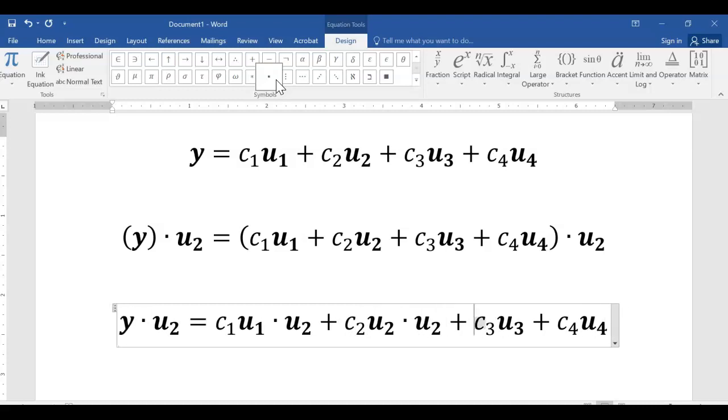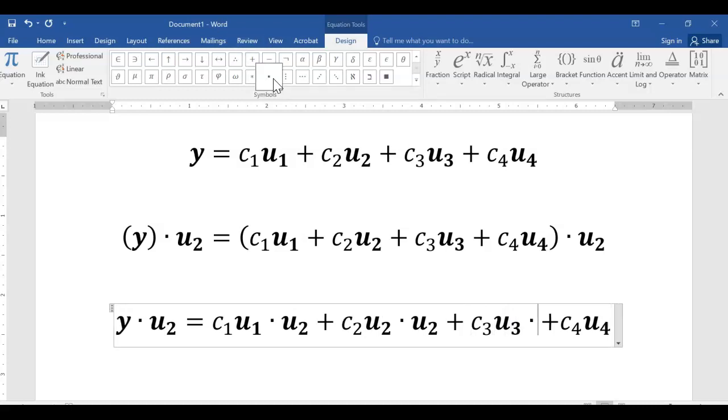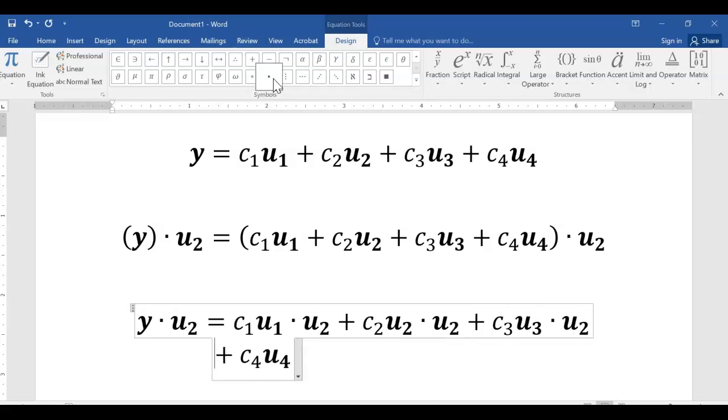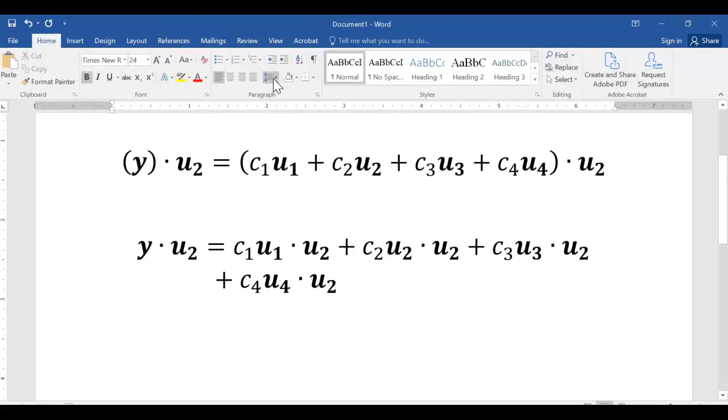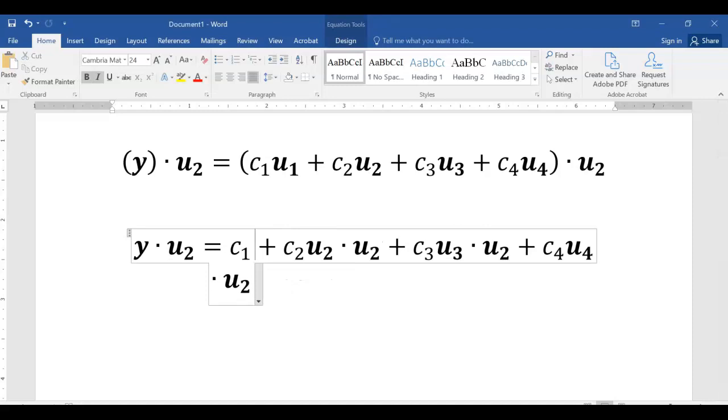So each component we're going to multiply by the inner product with U2. And now because it's orthogonal, U1 inner product U2 turns into the real number 0.